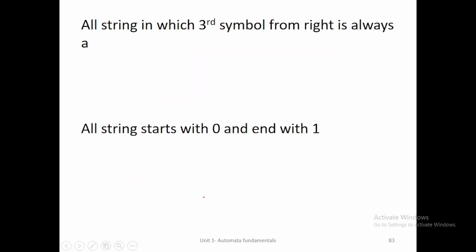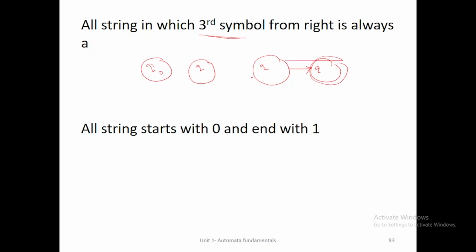Then the next problem: all strings in which the third symbol from the right is A. I don't know the number of symbols, so I just draw states Q. This is the first symbol, this is the final state. So first symbol, second symbol, and this is the third symbol.